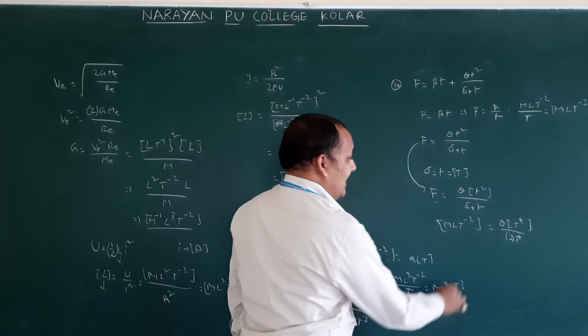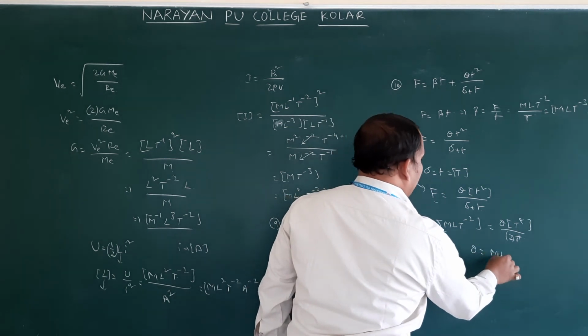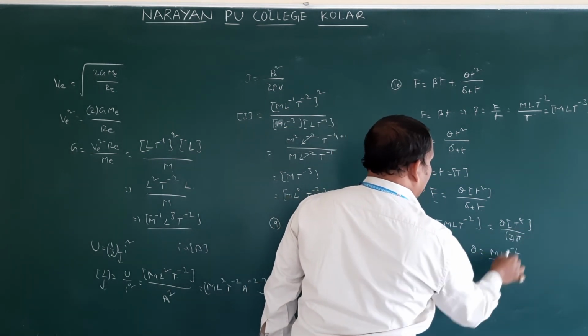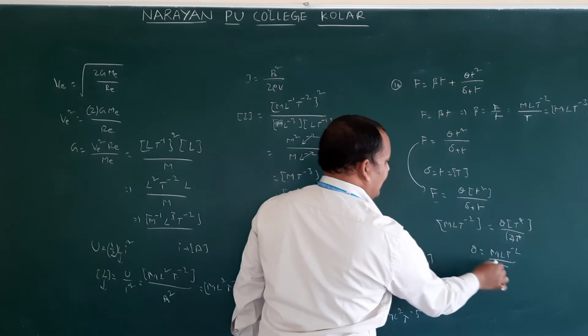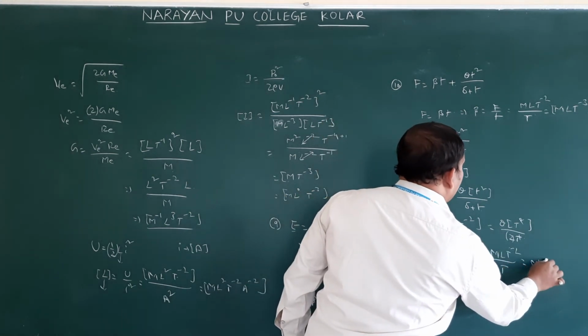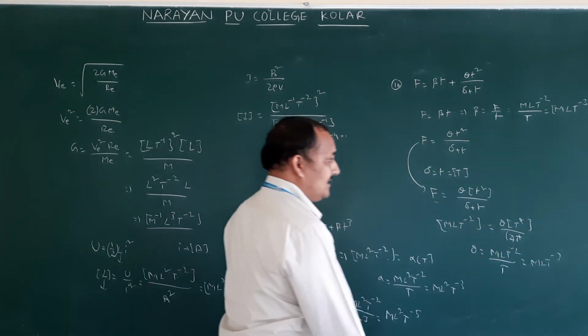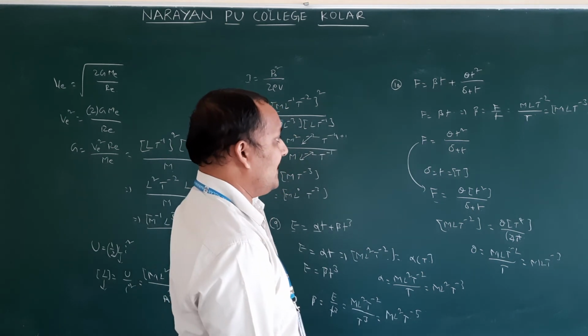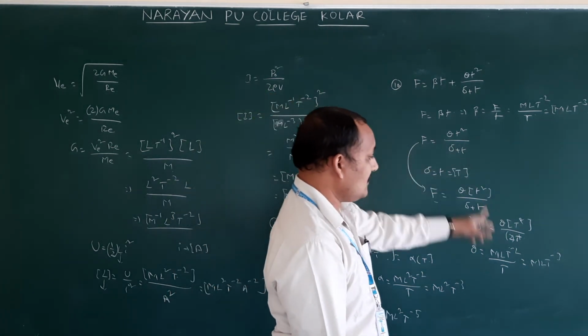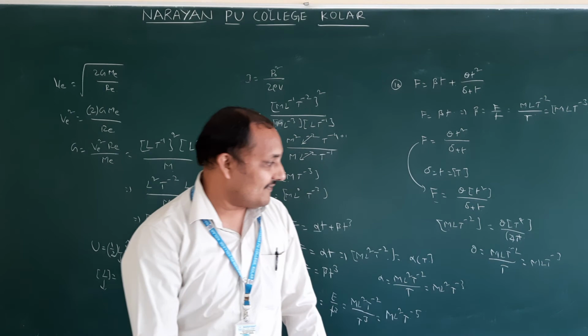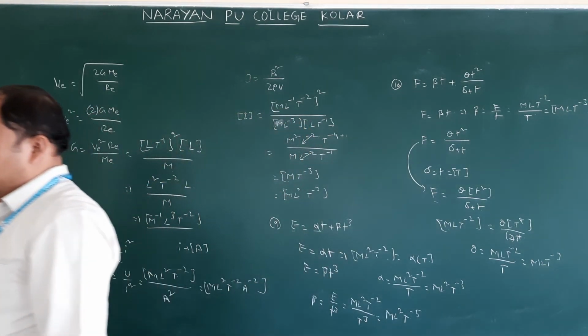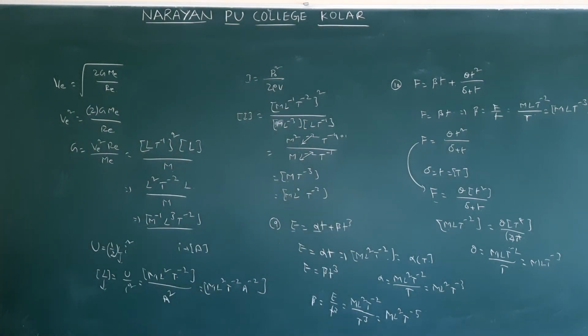One t will be cancelled. Then theta is equal to M L T power minus 2 by t. This t will come to this side. Then M L T power minus 3. What we should find? Theta only. So this is the dimension formula for theta. Okay, so see the option. Which option did we get? M L T power minus 3.